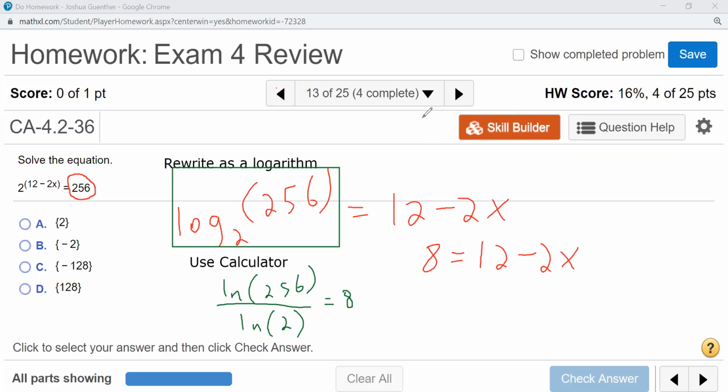And then that one's very easy to solve now. There's no logarithms, no exponents, just a simple linear equation. Divide both sides by -2, and you'll end up with x equals 2.